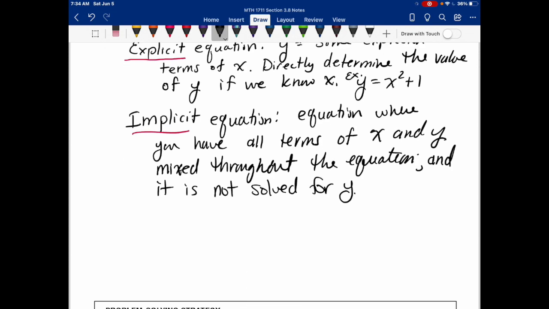And you will not be able to directly find the value of y if you know the value of x.